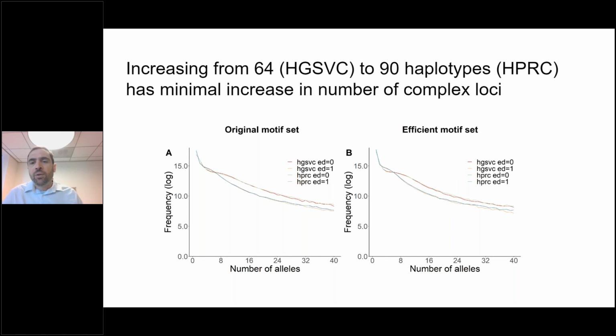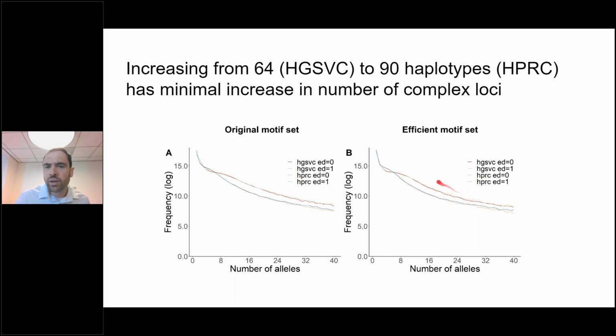And what that tells us is that if we had a lot more variation to discover in these sequences, we would tend to see a higher number of sequences that have a large number of alleles.